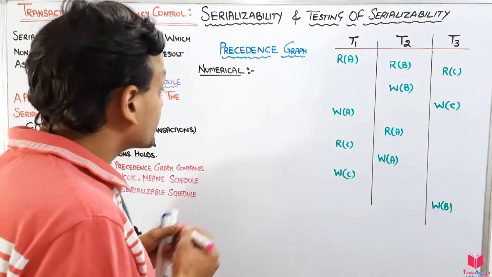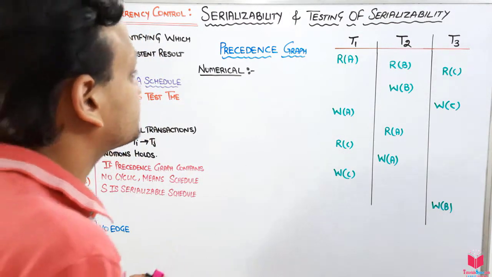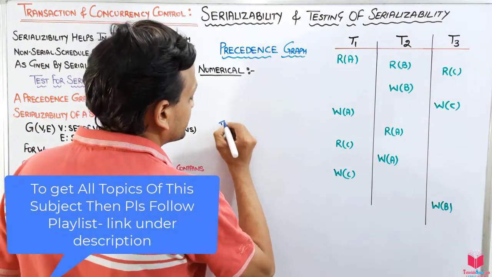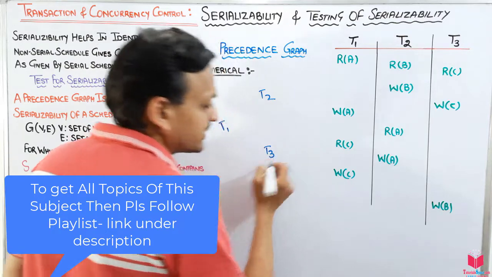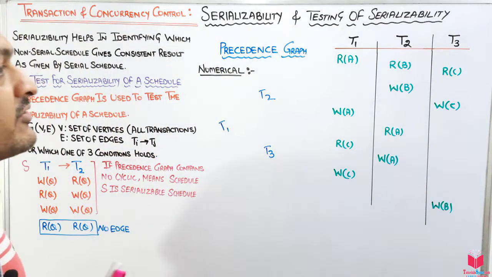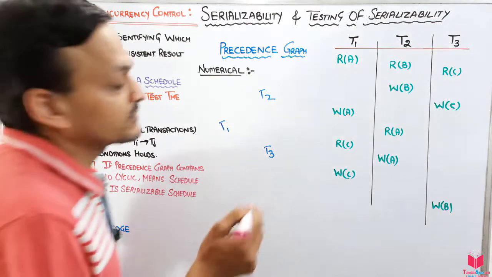How? First of all, we have to write all the transactions here. We have T1 here, T2 here and T3 here. Now after that we will go one by one through every instruction according to the time slots.